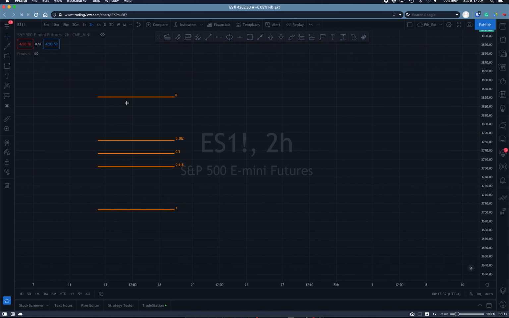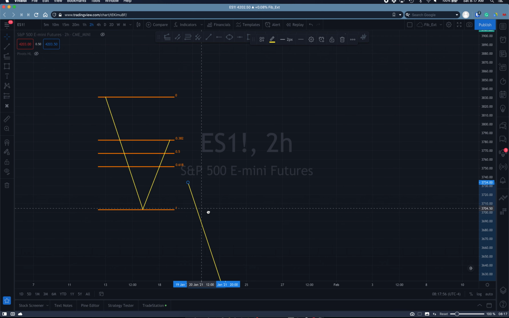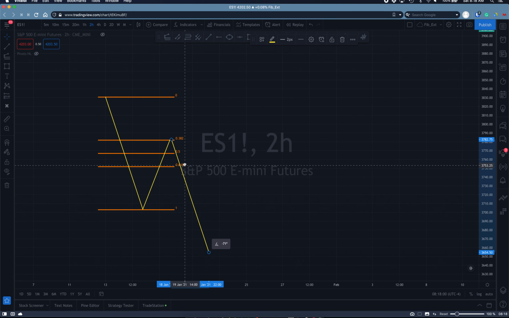For example, if the market was coming down to this level here, to this 1, and then we had a pullback that went all the way up to here, to this 0.382, what we would look for then is the market to do an equal leg. So for example, it would look like this.